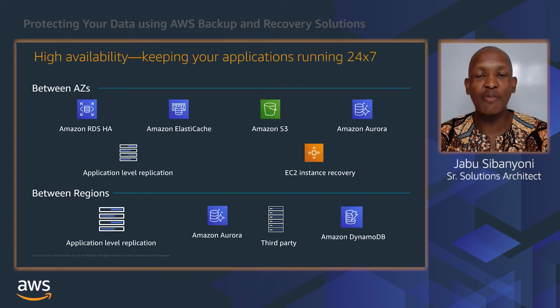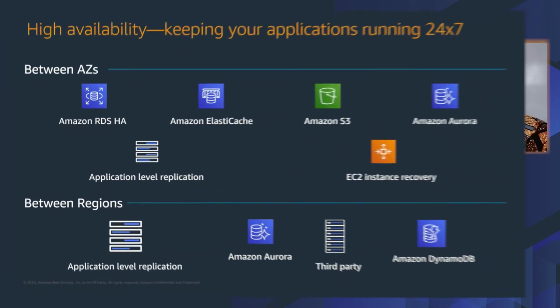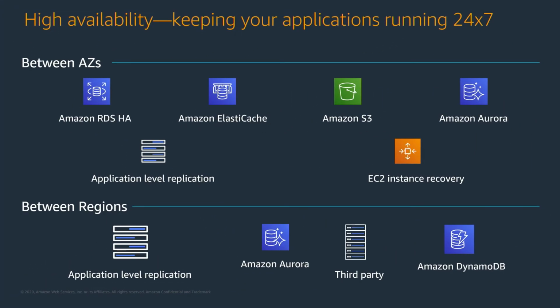So now let's look at some of those services that allow you to have high availability, keeping your applications running 24/7 even in situations where you are met with a disaster or you are attacked, such as by ransomware. These are services that allow you to replicate your data between availability zones, services such as Amazon RDS and Amazon Aurora.